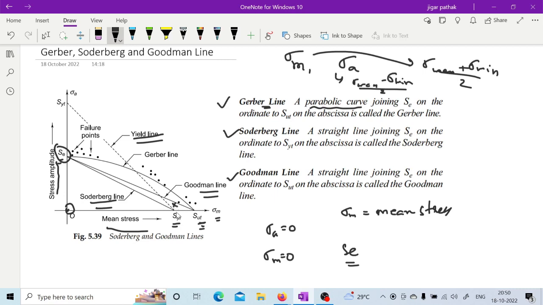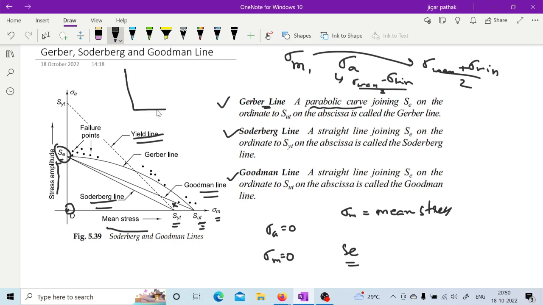But if your component is crossing this SYT, then sometimes it is not possible to perform the intended task, because plastic deformation may start beyond this point, which is not desirable. So that is why there is a modified Goodman line, right?